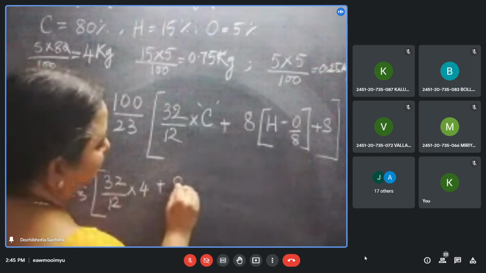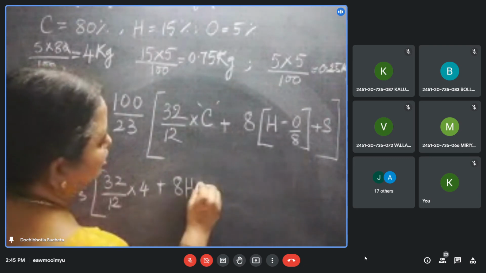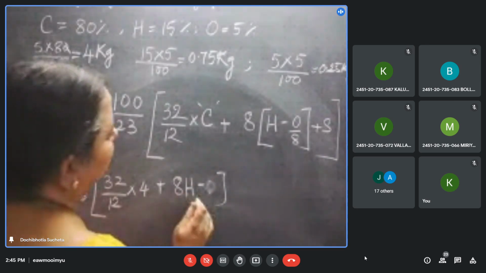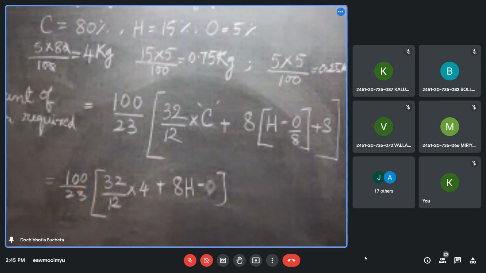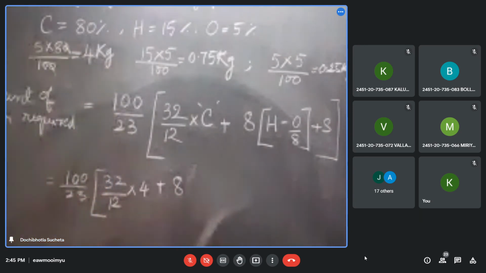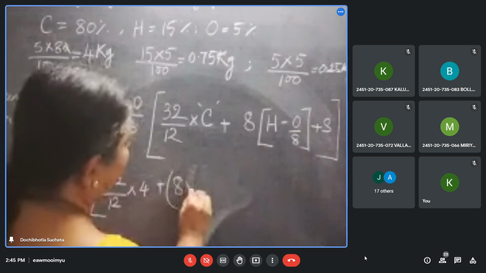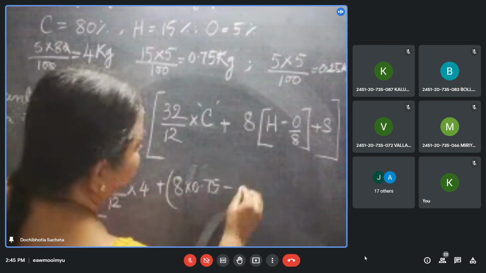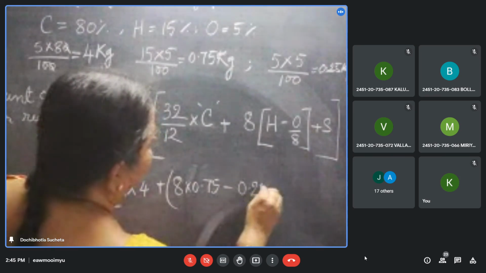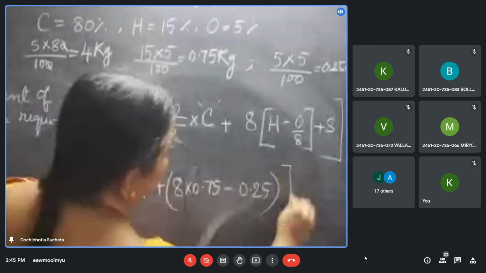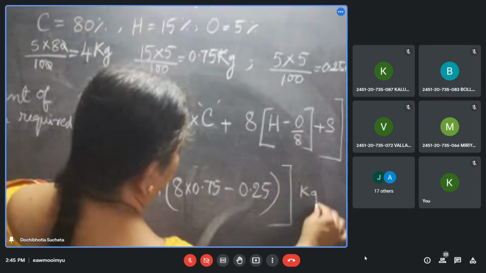That will be 8H minus O. What is 8H? 8 into 0.75 minus 0.25. Sulfur is not there, so I will not consider.